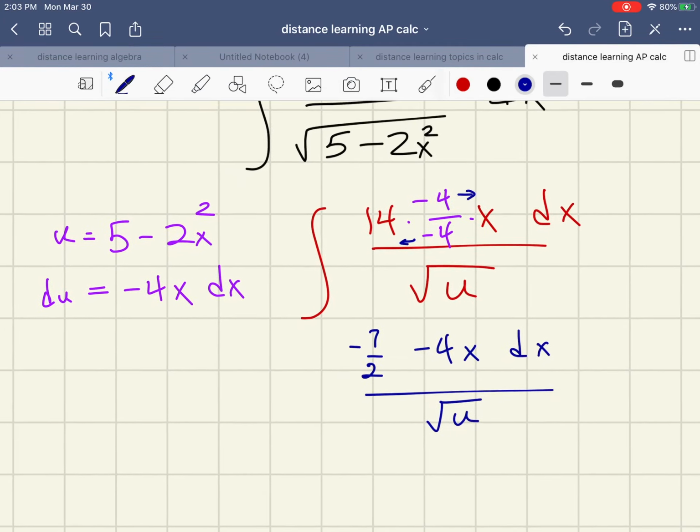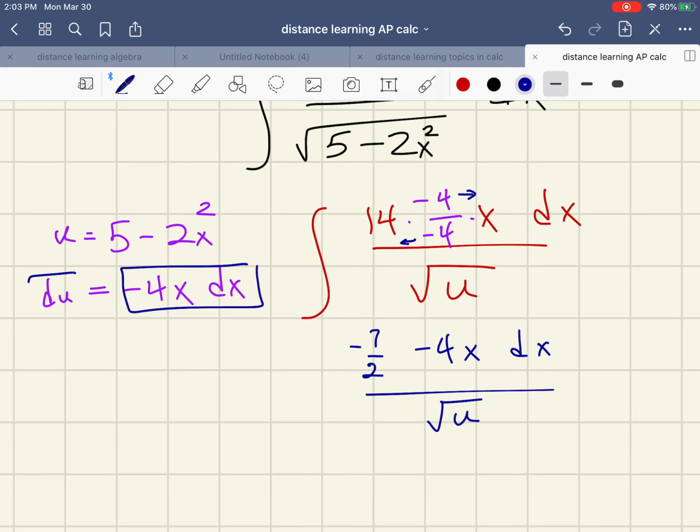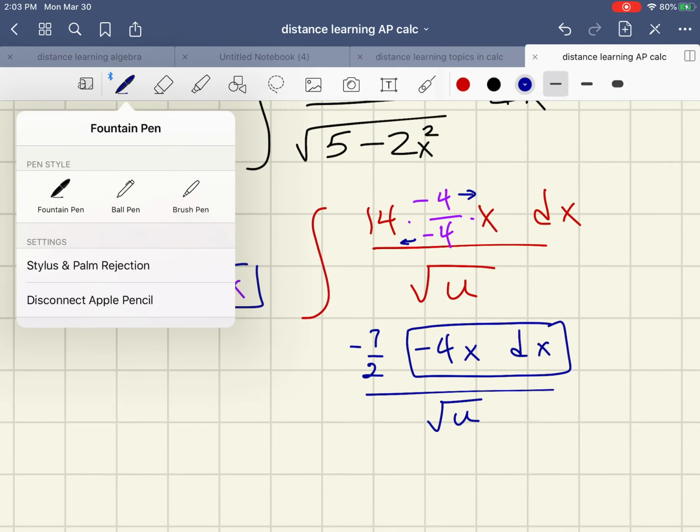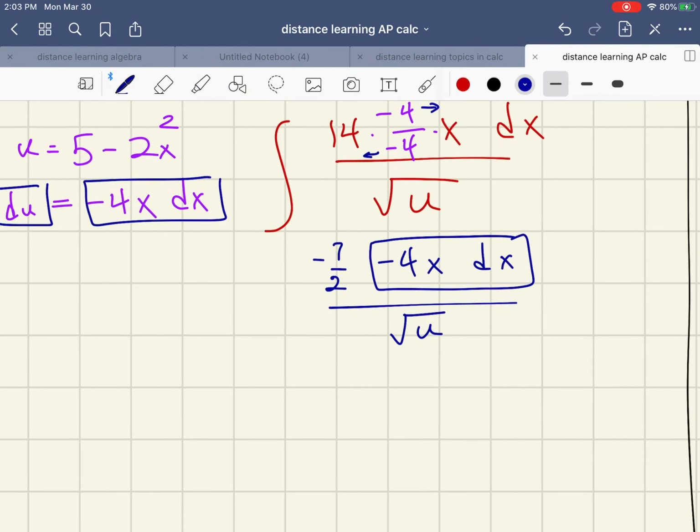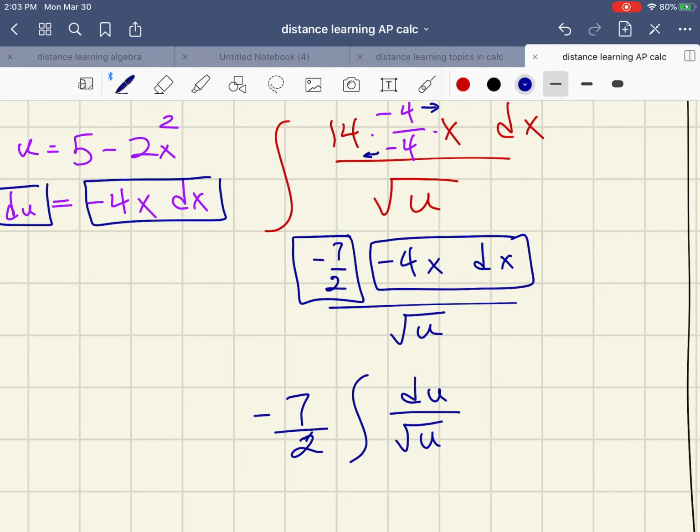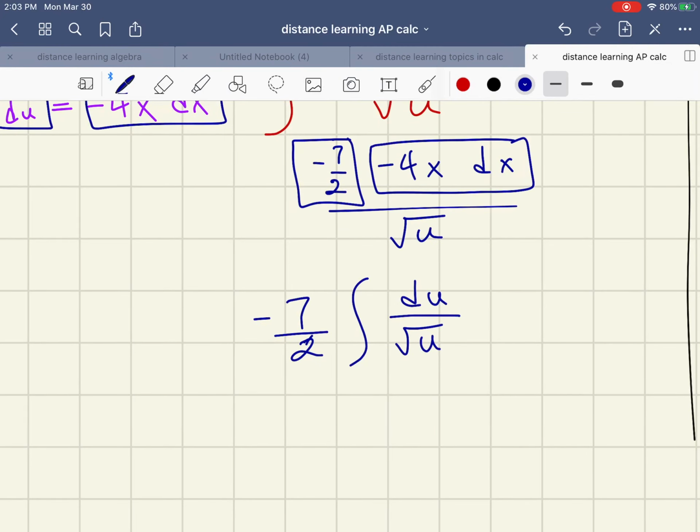And now I see that this and du are the same. Well, I knew that before, but now I have a du that I can substitute in the top. So I have du over root u, and then this coefficient can come out. Now I can integrate. So just rewriting this, it's the same as u to the negative half du.